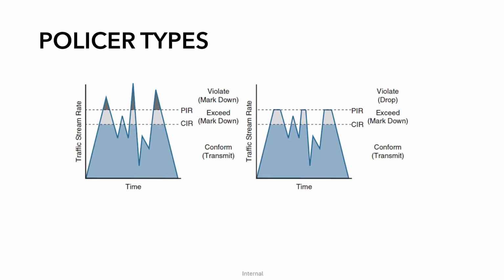Then we have 2 rate 3 color marker or policer. Here it uses 2 rates, as we discussed in key terms. If you see, this is PIR and this is CIR. It uses 2 rates. Traffic within the CIR, no issues, it will pass.